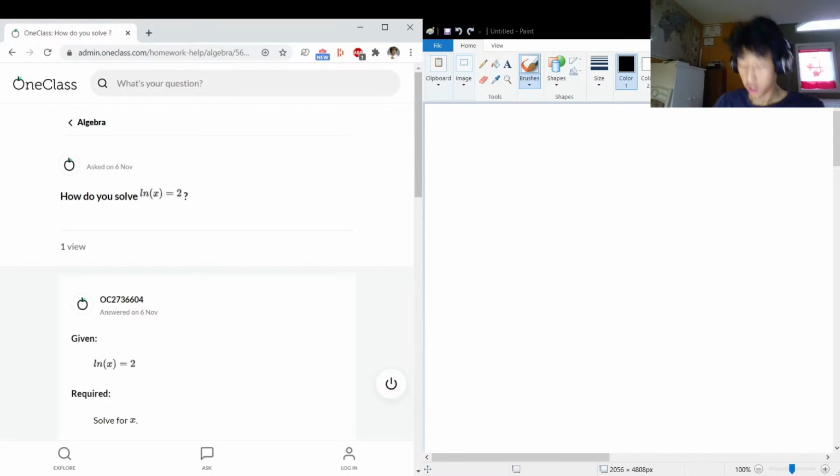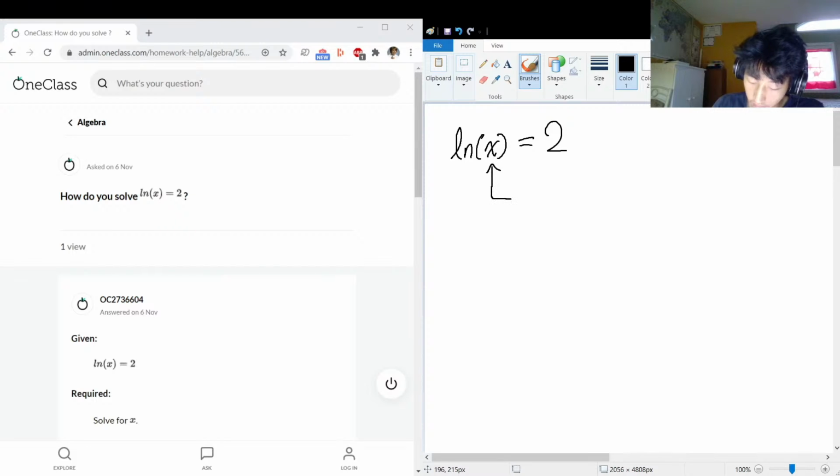Okay. So the first question that we got on the menu today is how do we solve ln of x is equal to 2? Ln of x is equal to 2. Well, an interesting property about ln is that what's in here is the argument that you pass to the logarithm.